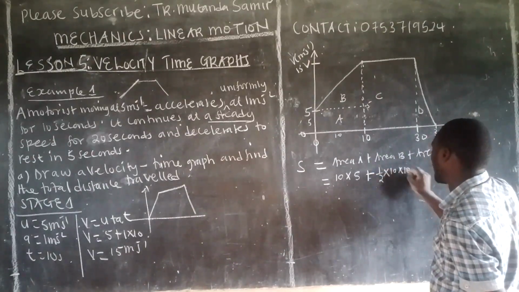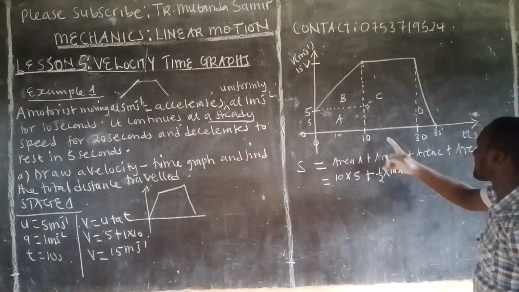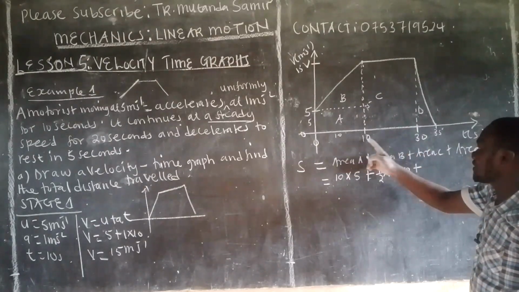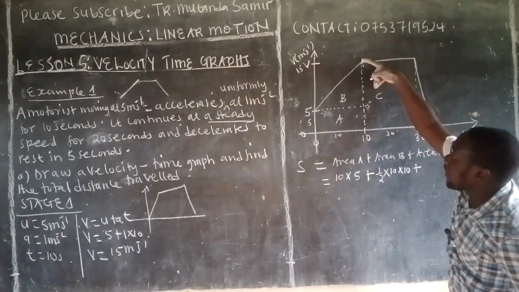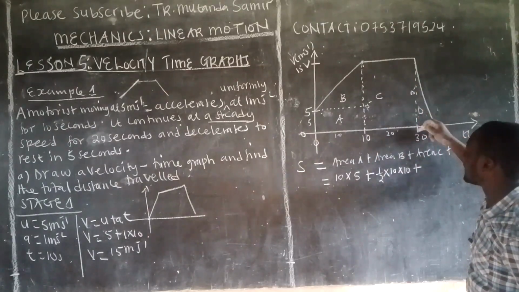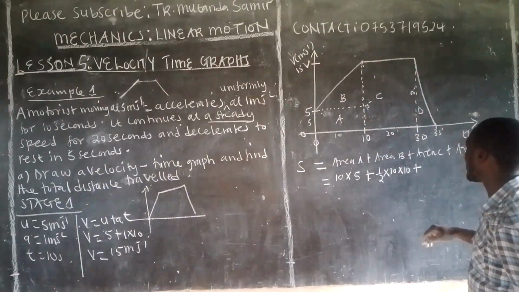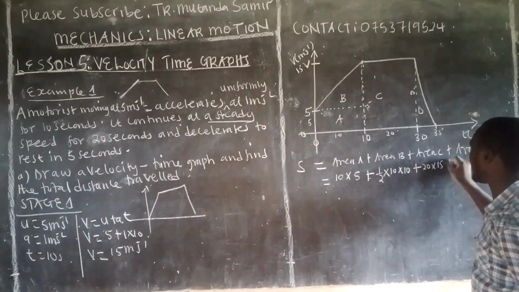So that's also 10. Plus area of C. C is here and is a rectangle. From here you subtract 30 minus 10, and that will be 20. Then from here upwards it's 15. So we shall say 20, which is the length, times the width, which is 15, plus.